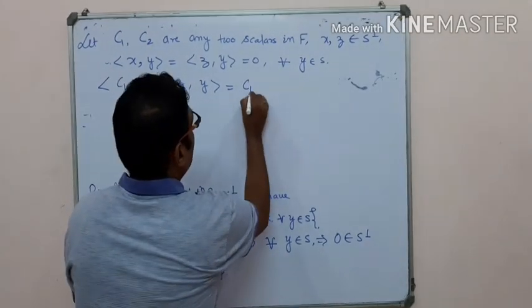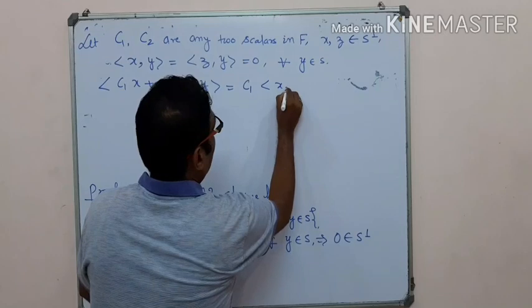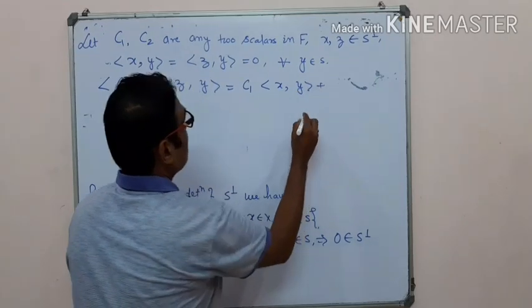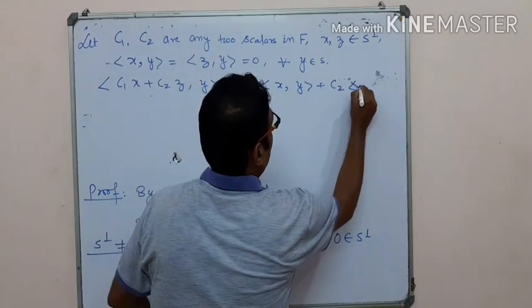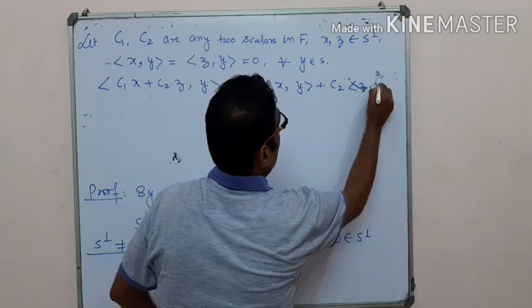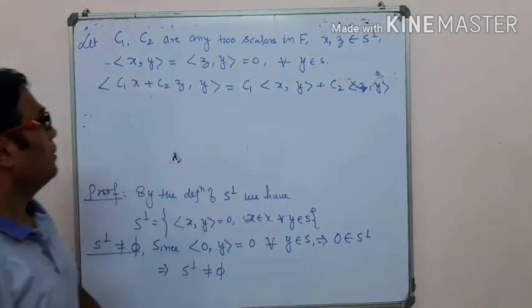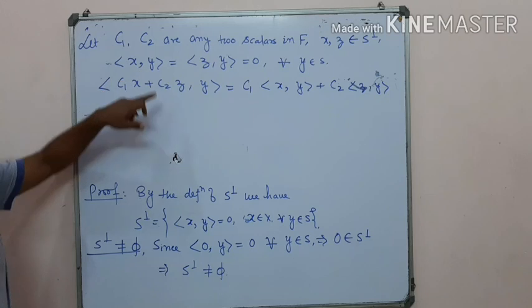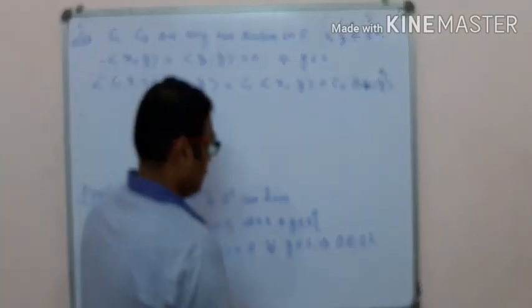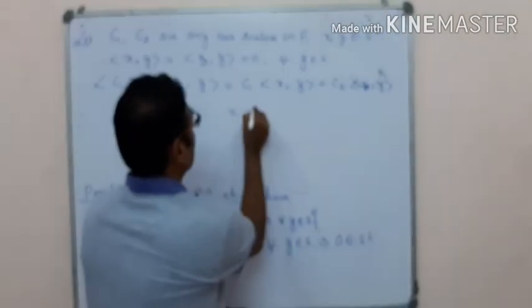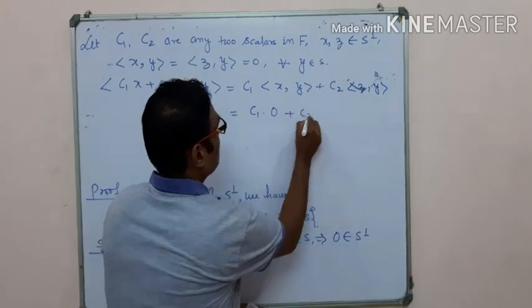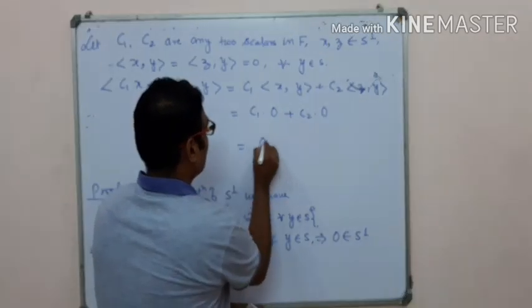So by the linearity, this is C1 times the inner product of x comma y plus C2 times the inner product of z comma y. We have already been given that this is 0. So this is C1 into 0 plus C2 into 0, which is equal to 0.